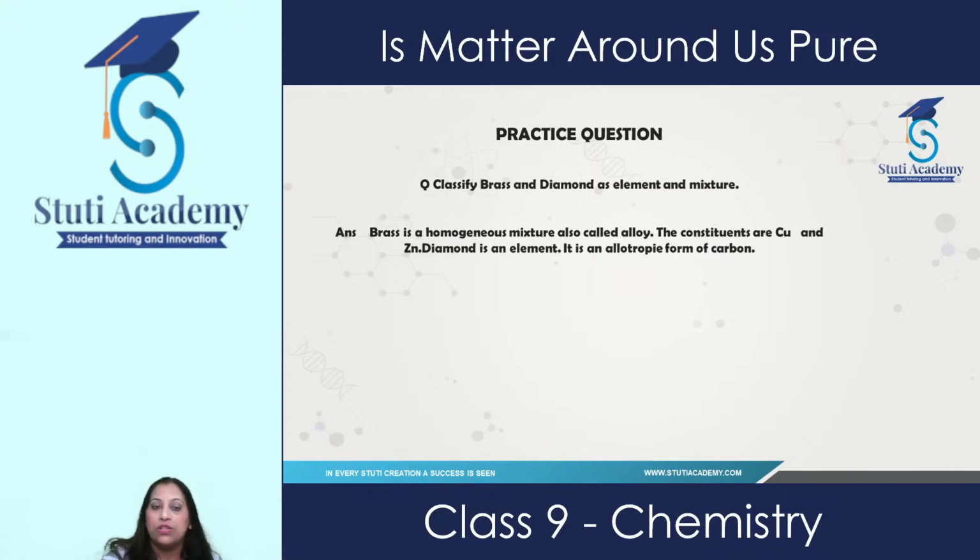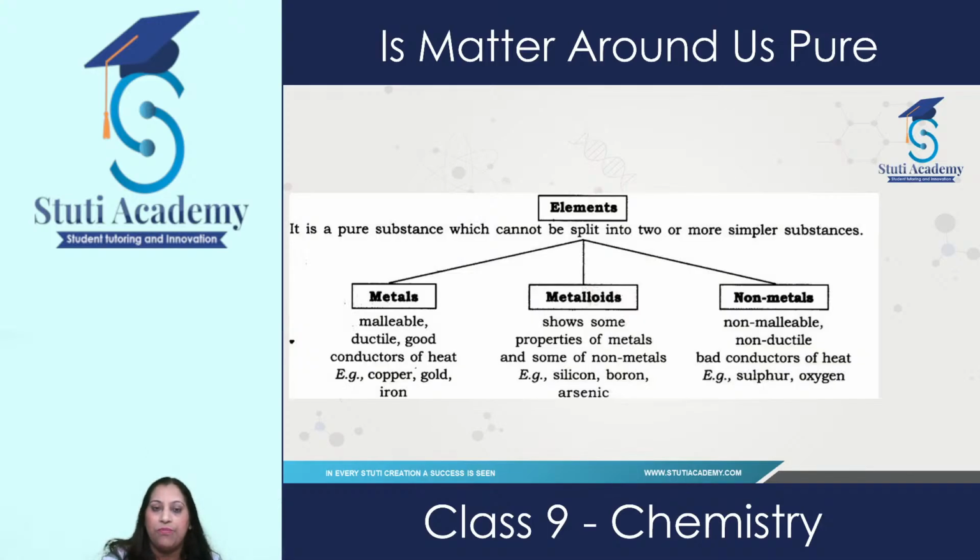The characteristics of elements and what types of elements exist in nature, I have already discussed in the previous class. If you want to go through it, just look at that video in which I have explained these topics. And I hope you have revised all the topics which I covered in the previous session.